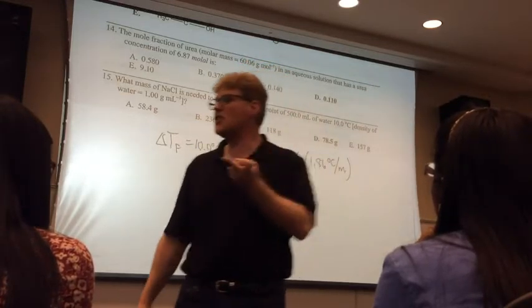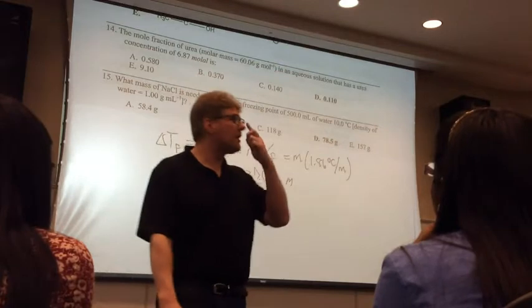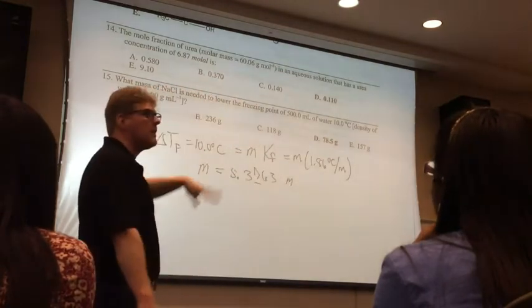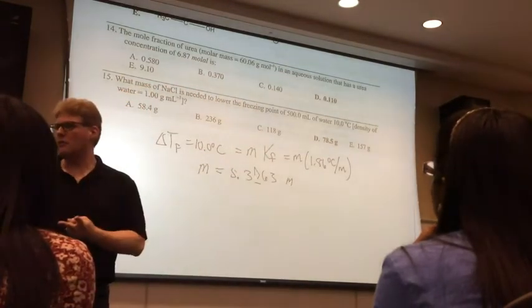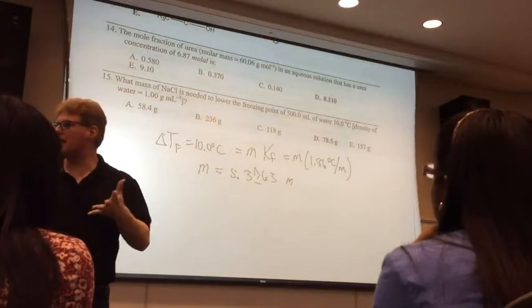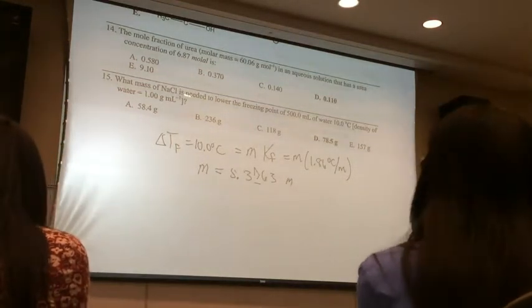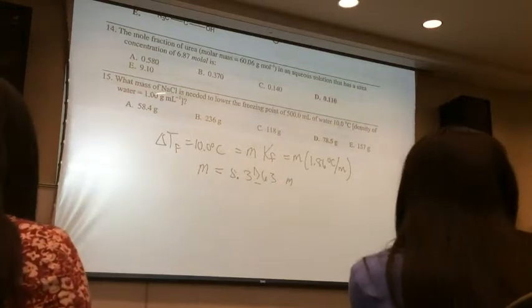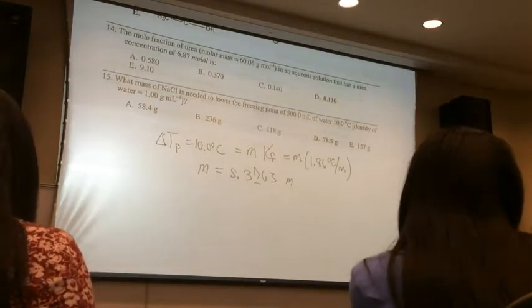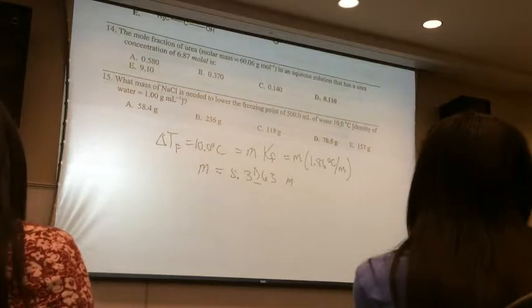We're going to assume it's 2. We know it's probably less than that, but this problem is assuming 2, completely dissociated. That's the best we can do, because we're not given any information that tells us exactly how much sodium chloride we actually put in. That's what we're trying to solve.